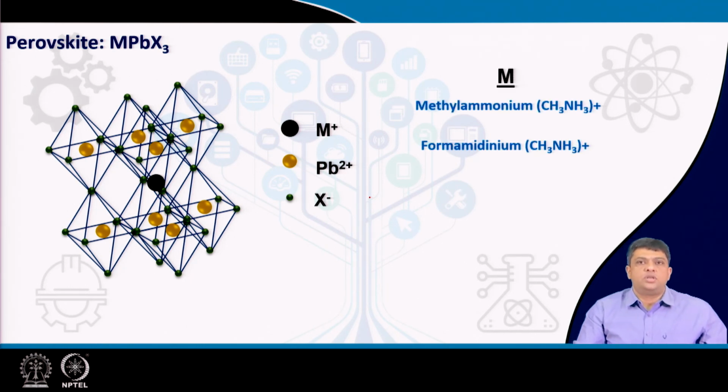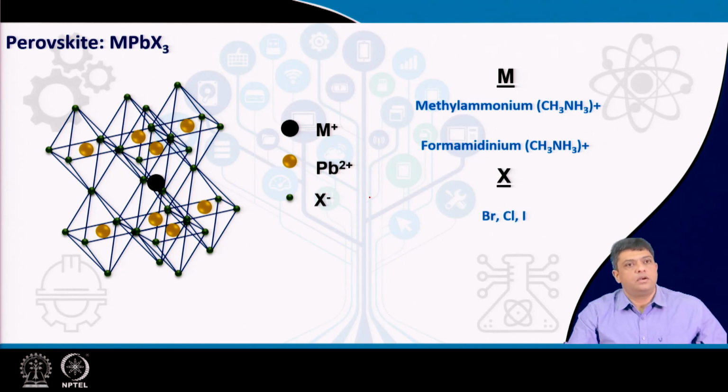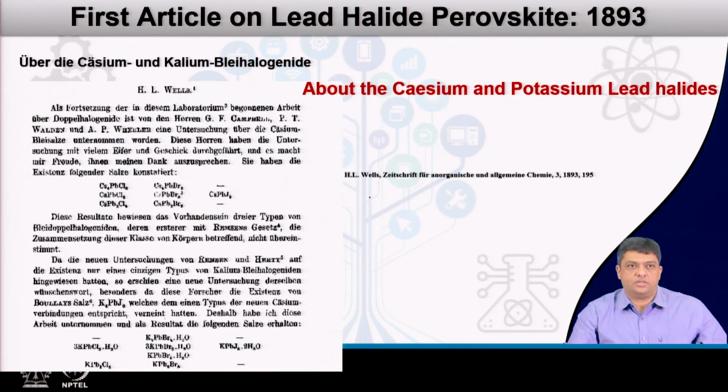So, you can choose different types of organic or inorganic ions, whereas X atoms are either bromide or chloride or iodide. So, these are the typical anions or cations which we are using to fabricate these perovskite structures.